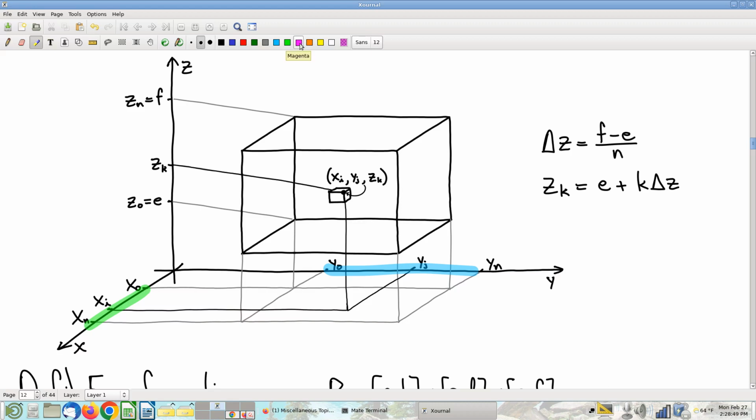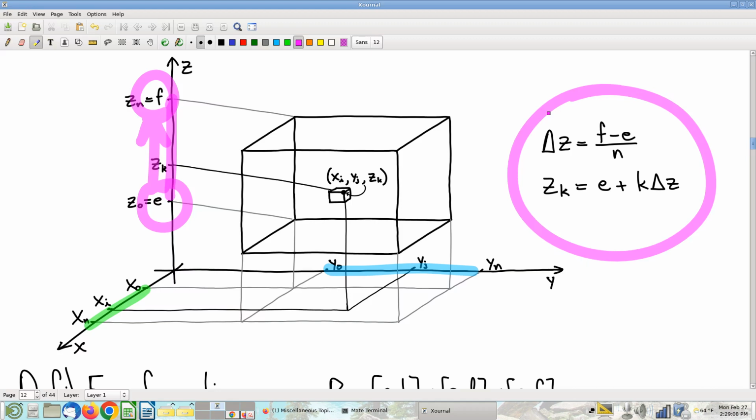And now all I have to do is think about this interval on the z-axis from E to F. How would I chop that up into n pieces if I'm slicing? Well, morally equivalent formulas.